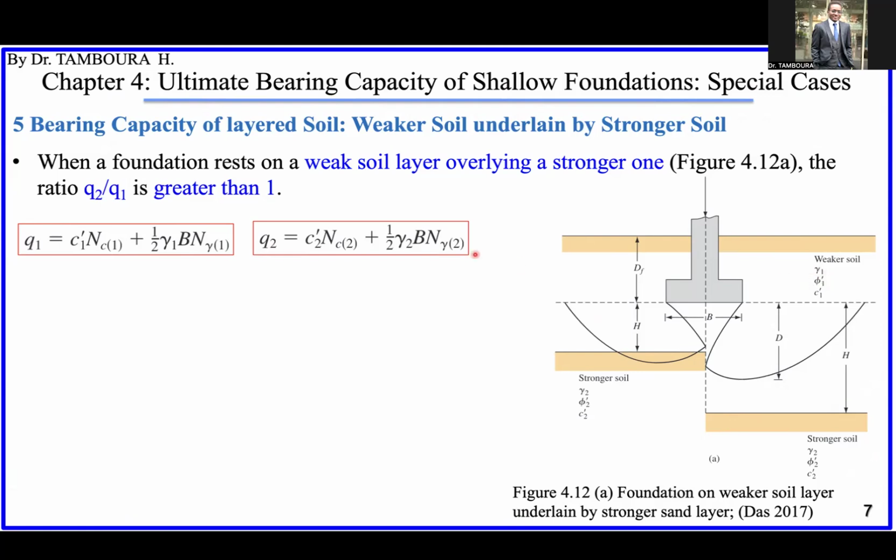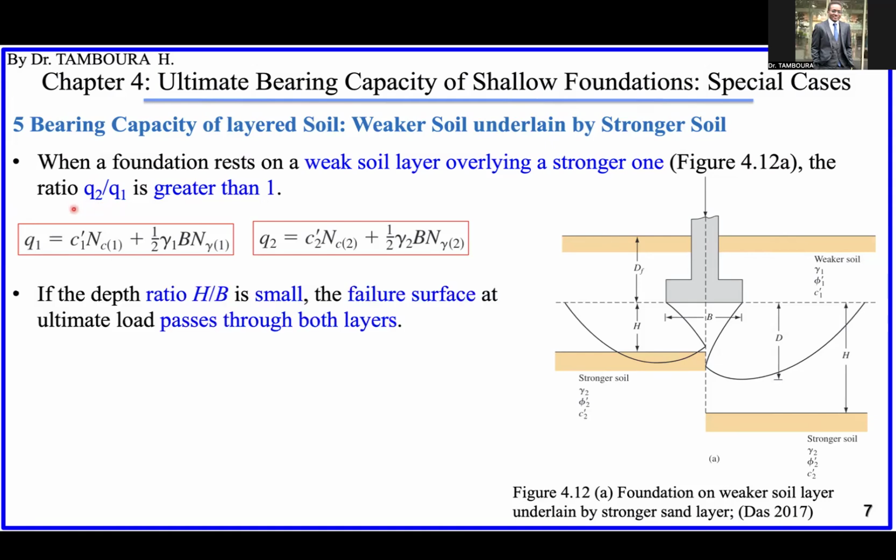And q2 is from the bottom layer. Since the bottom layer is stronger, its values are higher, so the ratio q2 divided by q1 will be greater than 1. If you remember, in the previous video we had some design charts where we used this ratio to estimate capacity.